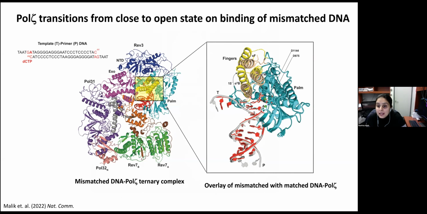And in an open state, the incoming nucleotide was still able to bind in the active site, thereby telling us a mechanism by which Polζ would carry out and extend DNA mismatches and lesions.